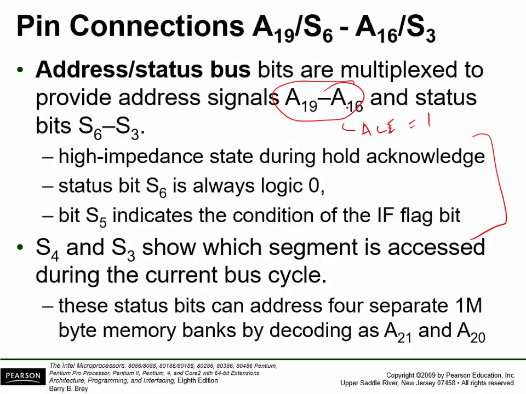So what we've got here is 20 address lines and either 8 or 16 data lines, depending on which processor we have. The 8088 has 8 data lines. The 8086 has 16 data lines. As we get into newer generations, up to, say, the 6th generation i7, it has 64 data lines and 32 address lines.